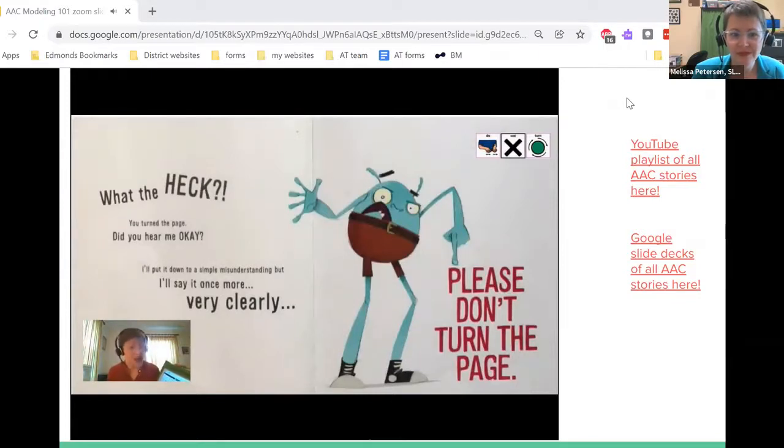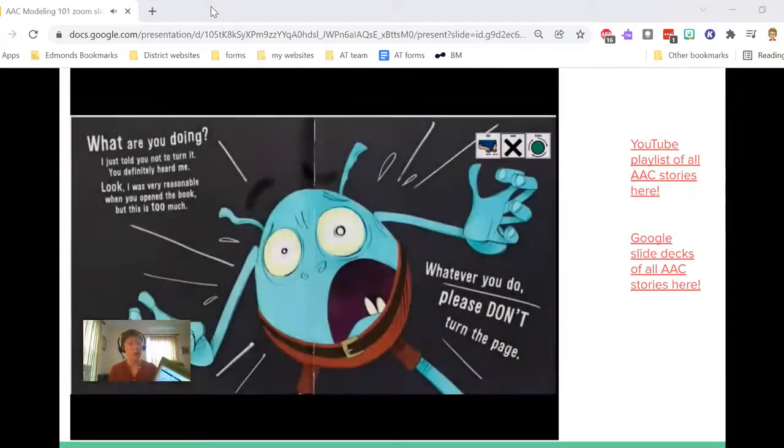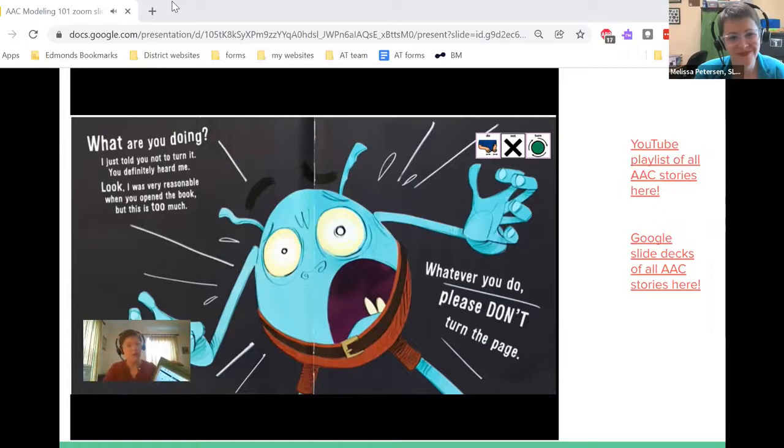Did you hear me okay? I'll put it down to a simple misunderstanding, but I'll say it once more, very clearly. Please do not turn the page. What are you doing? I just told you not to turn it. You definitely heard me. Look, I was very reasonable when you opened this book, but this is too much. Whatever you do, do not turn it. Please don't turn the page.